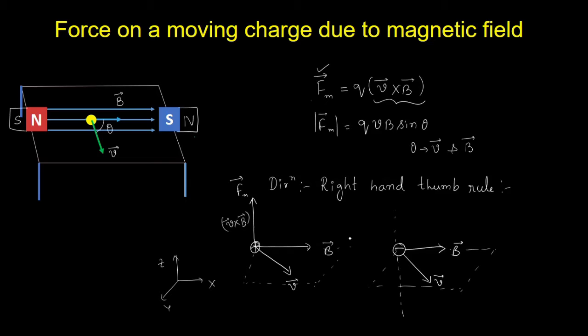But in this case, we have to take V cross B in the negative direction, the reverse direction. So if this is the direction of the force for a positive charge, then the force will be in the opposite direction in case of a negative charge, which is the minus z axis. So this is how we used to find out the direction of the magnetic force.